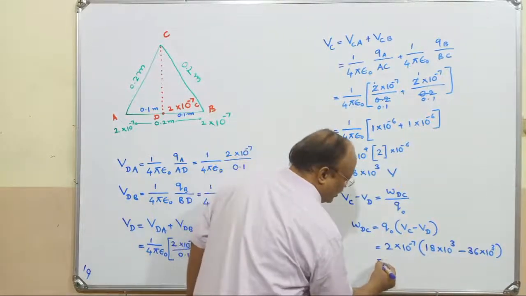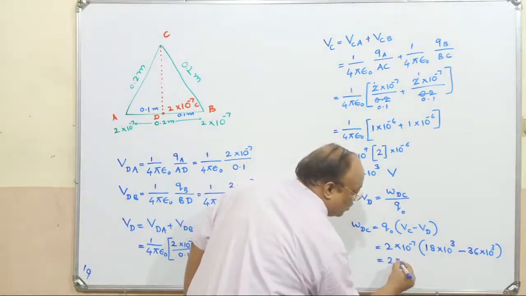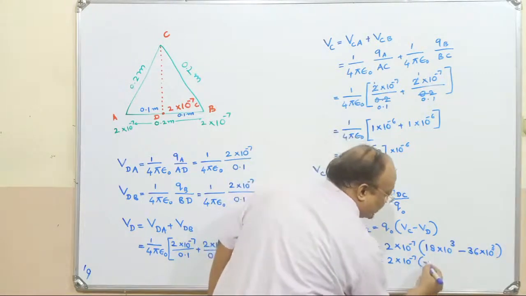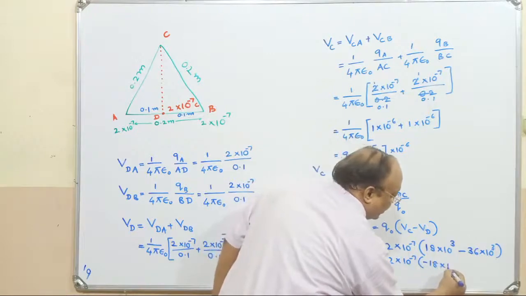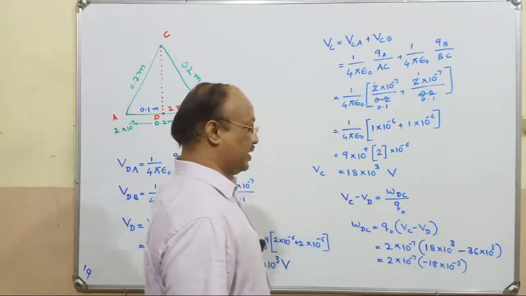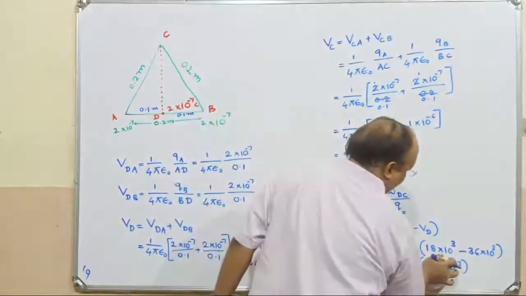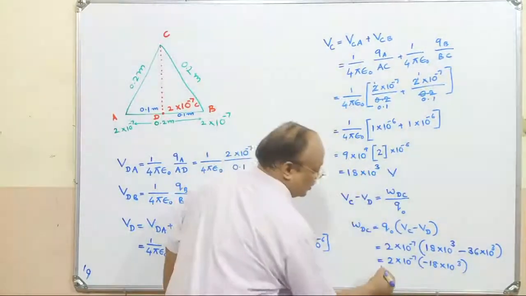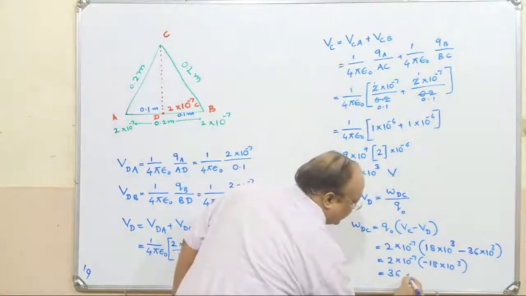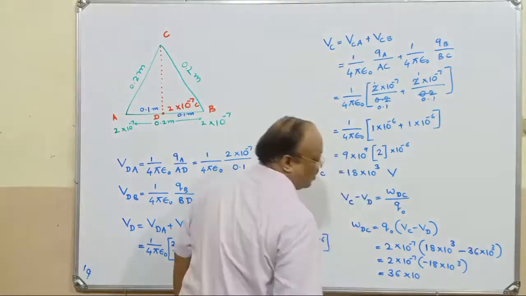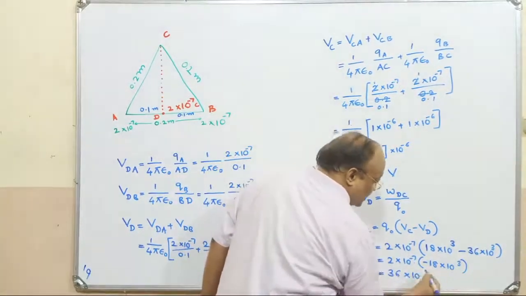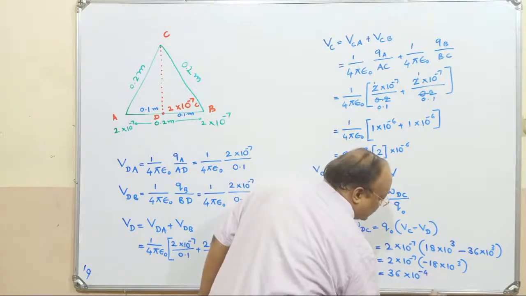So it is 2 into 10 to the power of minus 7 times minus 18 into 10 to the power of plus 3. So this will be 36 into 10 to the power of minus 7 plus 3, which is minus 4.